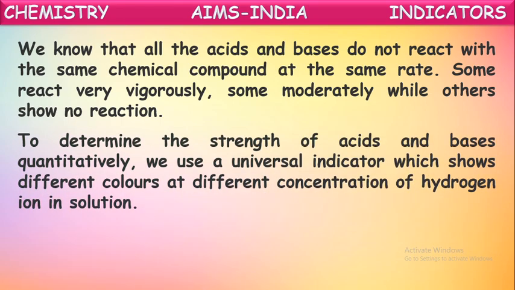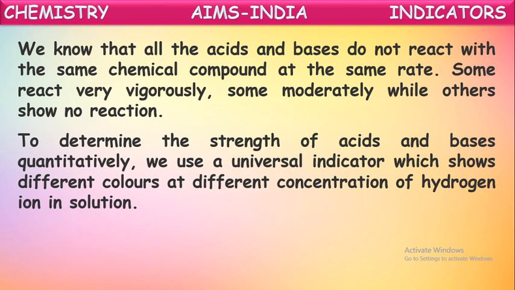To determine the strength of acids and bases quantitatively, we use a universal indicator which shows different colors at different concentration of hydrogen ion in the solution. Yes, we use an indicator which is called universal indicator to determine the strength of acids and bases. This universal indicator will show different colors with different kinds of substances.